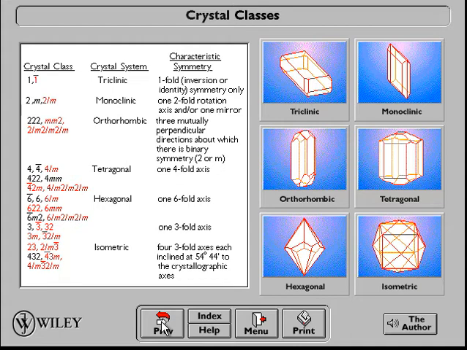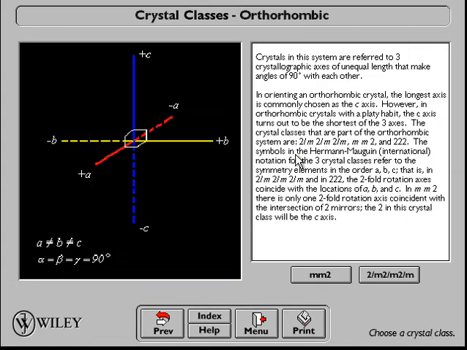And then we have the small explanation for the characteristic symmetry: 3 mutually perpendicular directions about which there is a binary symmetry 2 or M. So here we have this, and now we are clicking there.